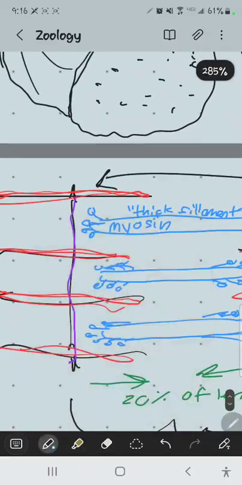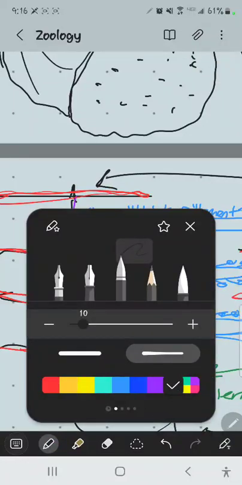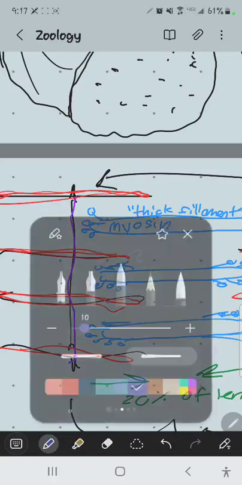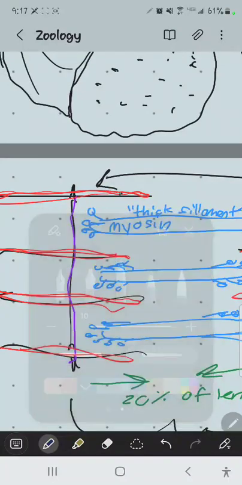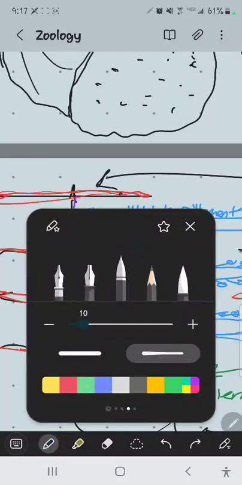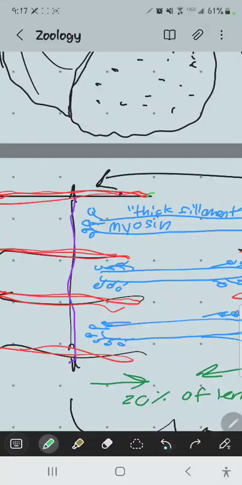And this protein is called tropomyosin. So tropomyosin is kind of like a sheath protein that covers the actin film. And what the tropomyosin does is it prevents the myosin from grabbing onto the actin.